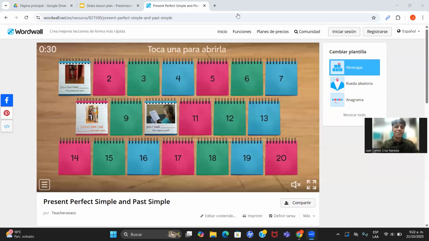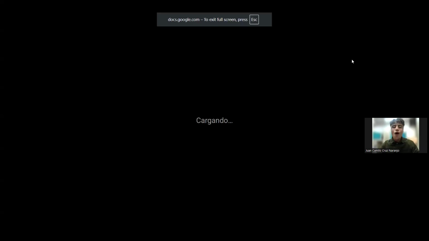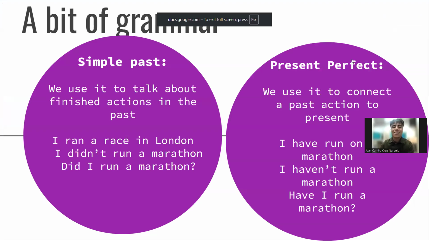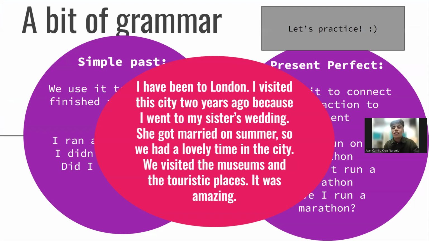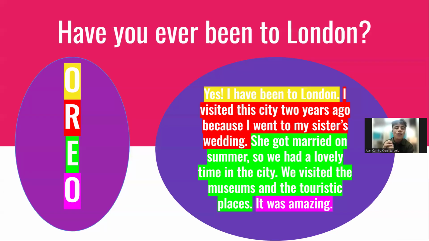Okay, guys, very good. Now that we have mechanized the grammar of the simple past and the present perfect, it is time for us to start using both tenses together to describe our anecdotes. In order to do that, we are going to learn a very useful strategy that is called the Oreo strategy.